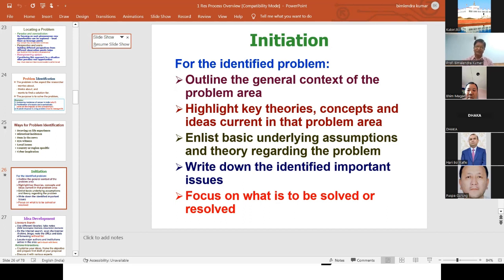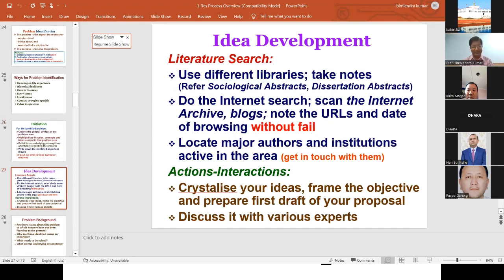He must be very focused on what problems can be undertaken by a research scholar, not big problems, but problems which can be solved within the time span of a research scholar.